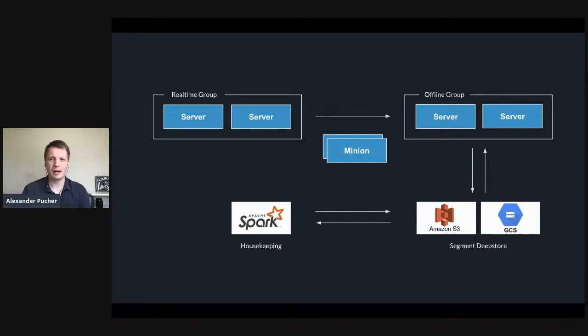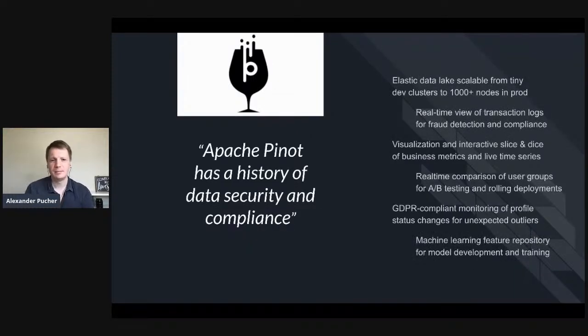Okay. That was actually already pretty extensive. There's many other examples I could bring up here, but if there's one thing I really want you to take away from this, it's that Apache Pinot has a history already of data security and compliance. I put a bunch of different examples and use cases on the right side. Of course, it's known as the data lake of LinkedIn.